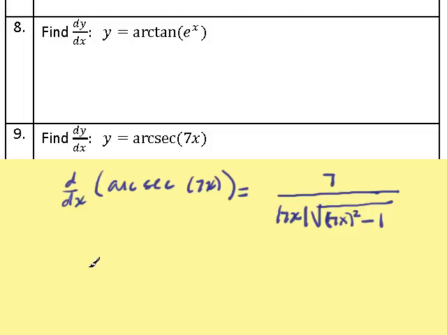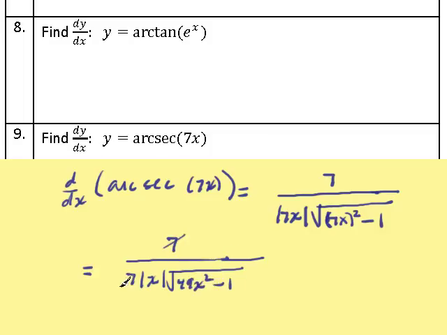So we have a 7 over there. Let's just simplify this a little bit. We can bring the 7 out of that absolute value. And underneath the square root, we can square this out, and we have 49x squared minus 1. And we'll just cancel those 7s. So we end up with 1 divided by the absolute value of x times the square root of 49x squared minus 1.